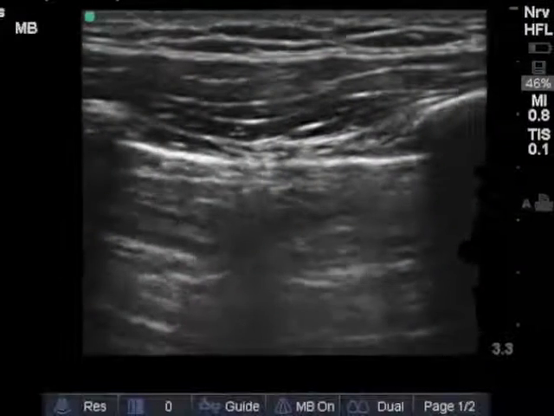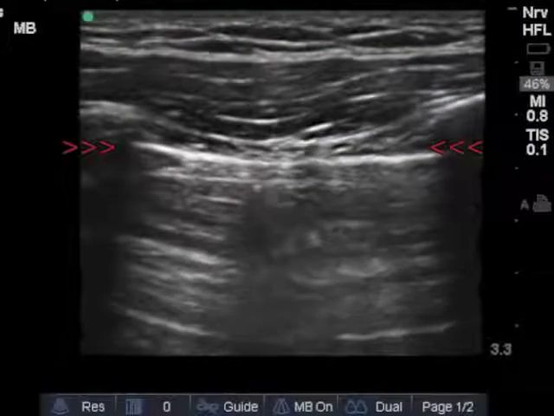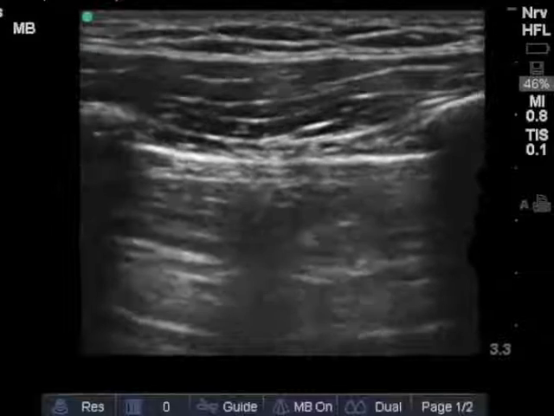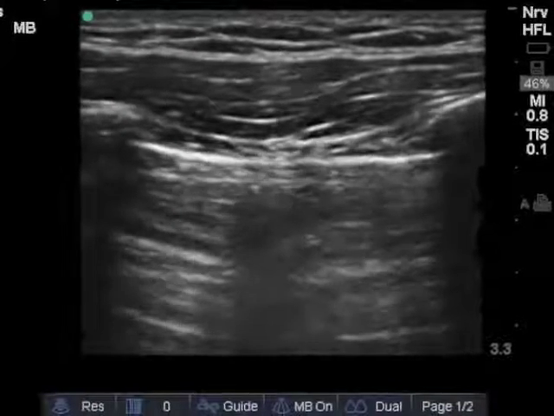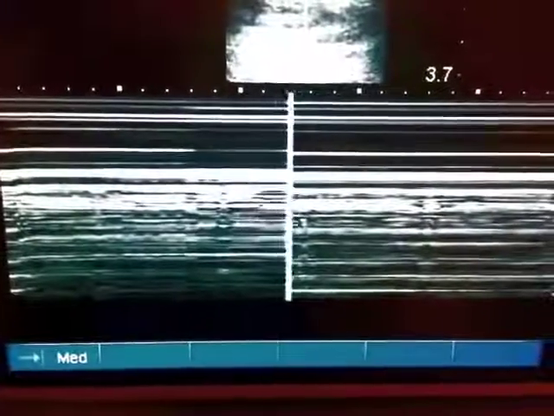Waves on a sandy beach. No pneumothorax. Onto the left lung. No lung sliding at all along the pleura. And the barcode sign on M mode. That's a definite pneumothorax.